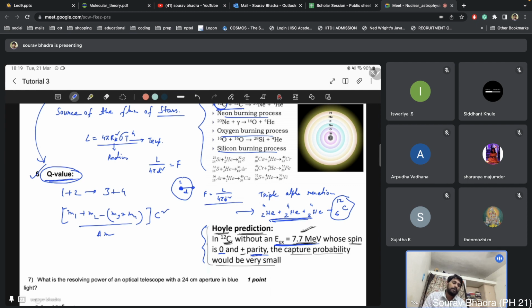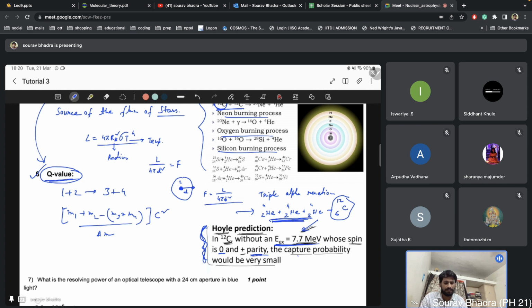So Hoyle predicted that there should be this energy level, which can explain the higher rate of this reaction as well as the observed abundance of carbon 12, which cannot be explained without this Hoyle prediction. This was not known before, and Hoyle came up with this explanation.